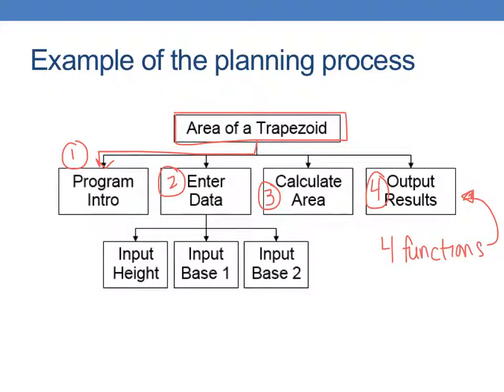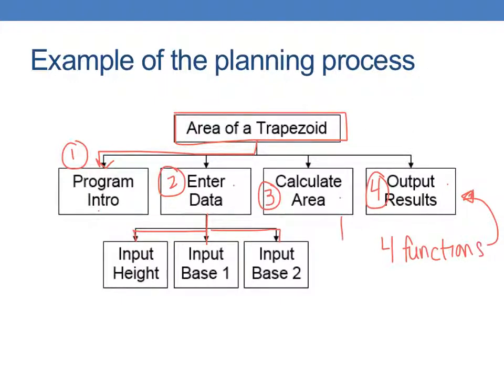So I would write one method or one function that does the intro, one that does the data entry, one that does area calculation, and one that outputs the results. Those are my big functions that I'm going to create in order to run this program. Then I thought a little bit extra, and I thought, okay, what's the data I need? Well, I need a height, base 1, and base 2.